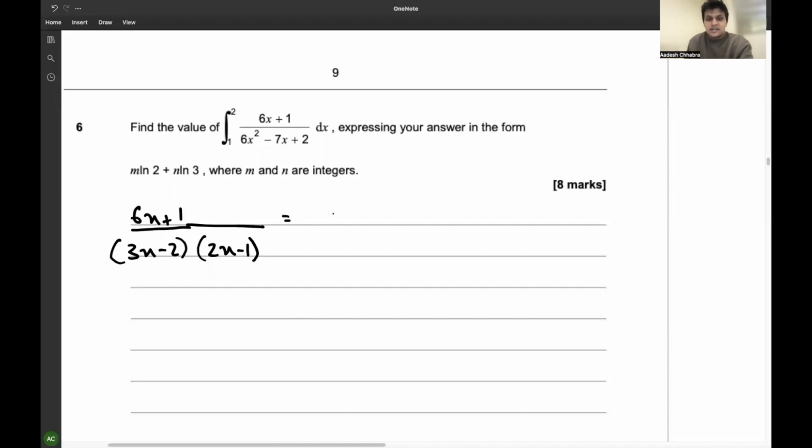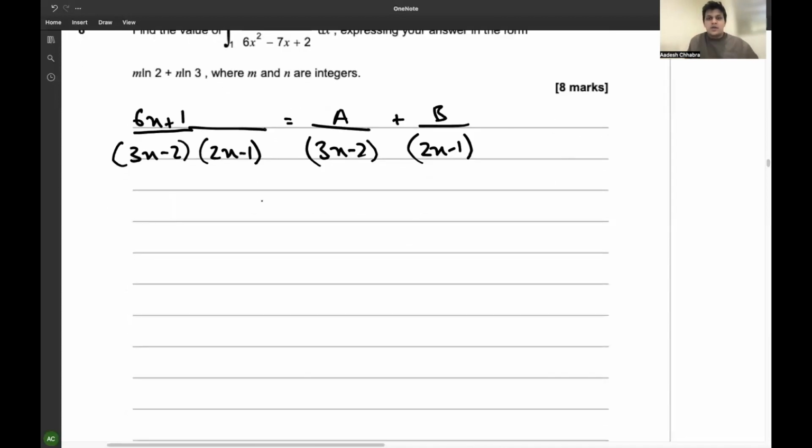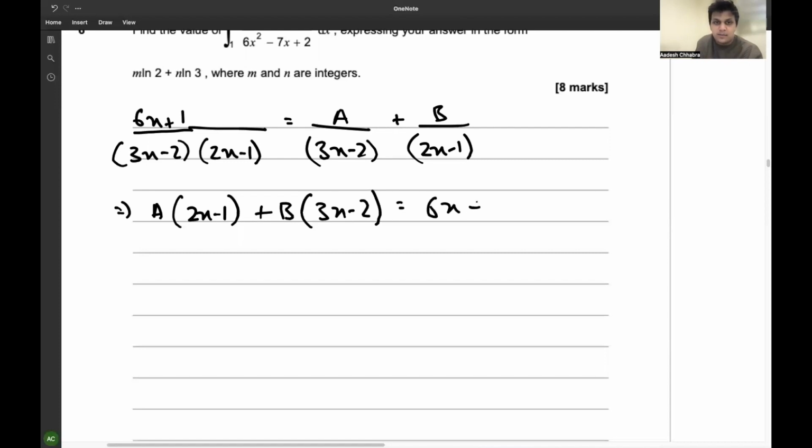So this is obviously in the form of a upon 3x minus 2 plus b upon 2x minus 1. So let's go ahead and solve for this. So we know, just looking at this, that a times 2x minus 1 plus b times 3x minus 2 would equal the numerator of this fraction, which is just 6x plus 1.